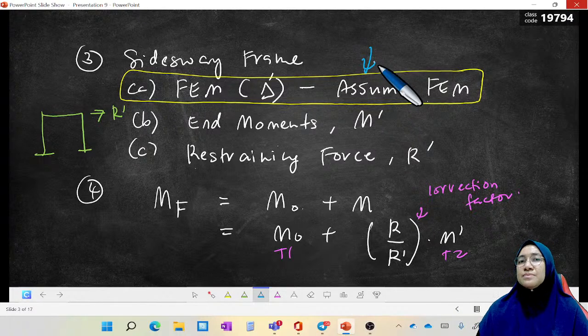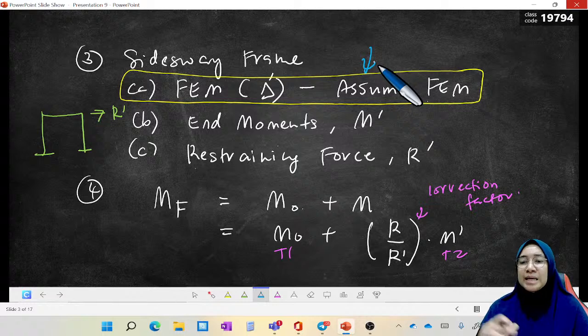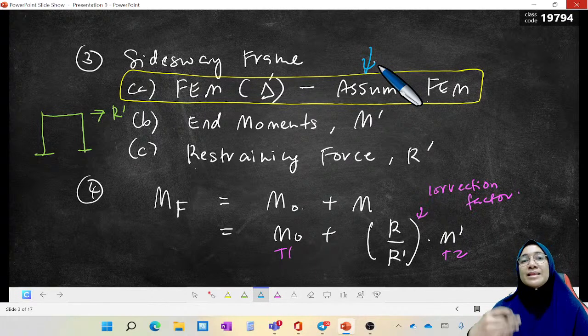And actually, this is not the structural part of this topic. Okay, to calculate FEM in step 3A is actually the application of mathematics in the moment distribution method.